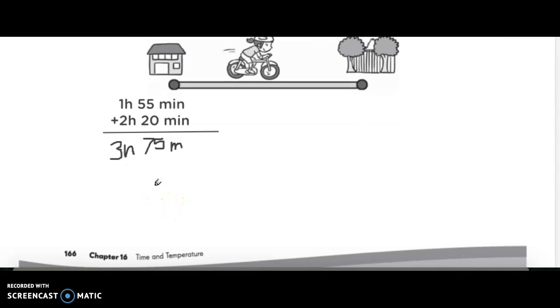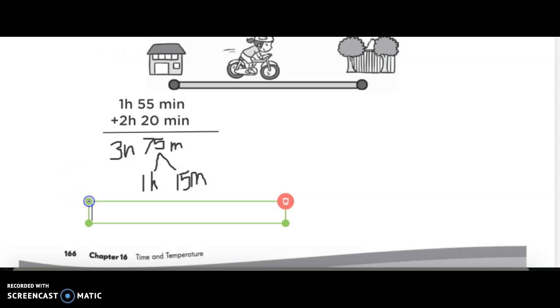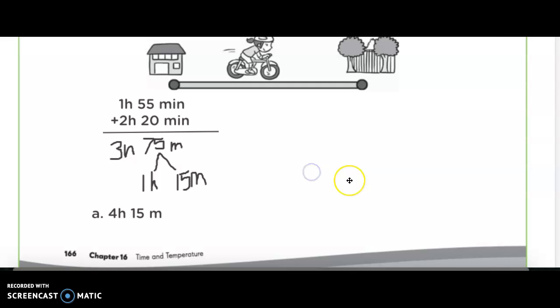If it's 60 or over, that cannot stay. So we need to break this up and pull out 1 hour, and then we'd be left with 15 minutes. And then we need to add our hours, so that 3 hours plus 1 hour gives us 4 hours, 15 minutes. And that is the answer for A.